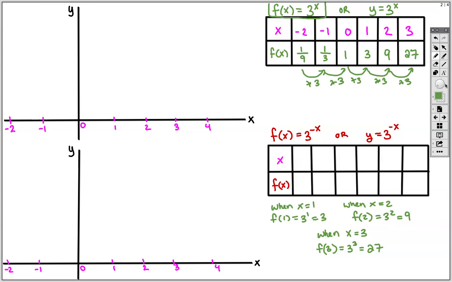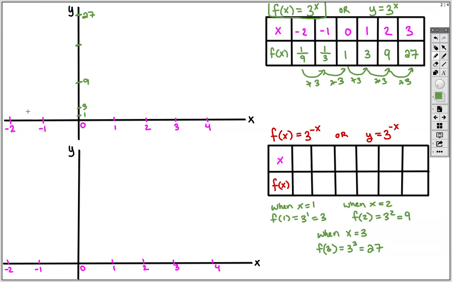And let me plot that. So I've got to have up to 27 up here, so I'll just put 27, and then maybe this will be 9, and if that's 9, maybe this is 3, and maybe this is 1.